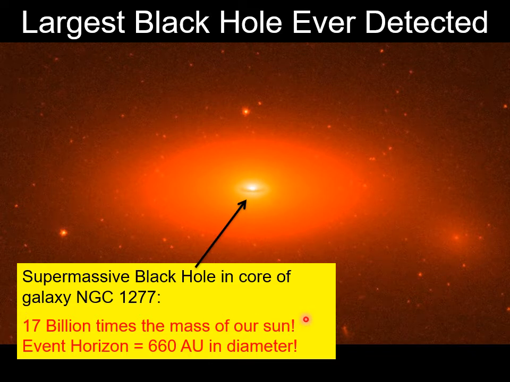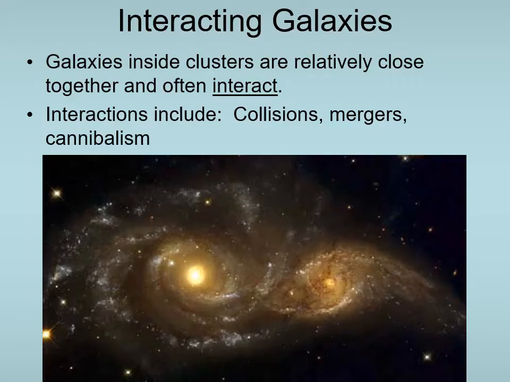17 billion suns. One of the interesting things about studying galaxies is to learn that galaxies are very dynamic. They don't just float there peacefully in space. They're always moving, and they're very often interacting with each other. So the galaxies that are inside galaxy clusters are relatively close together, and they often interact.